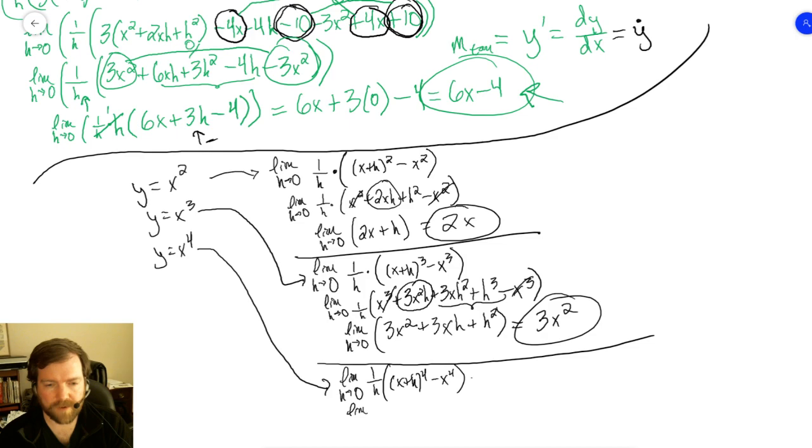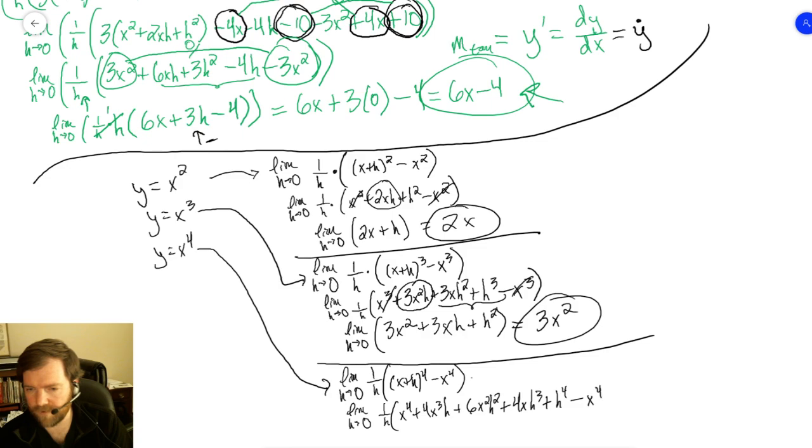It's going to be the limit as h goes to 0 of 1 over h times x to the fourth plus 4x to the third h plus 6x squared h squared plus 4xh cubed plus h to the fourth minus x to the fourth. So again, the first term goes away. The rest of the terms have more h's than are being divided, so they're all going to go to 0. And then you're left with 4x to the third times h divided by h. So just 4x to the third.